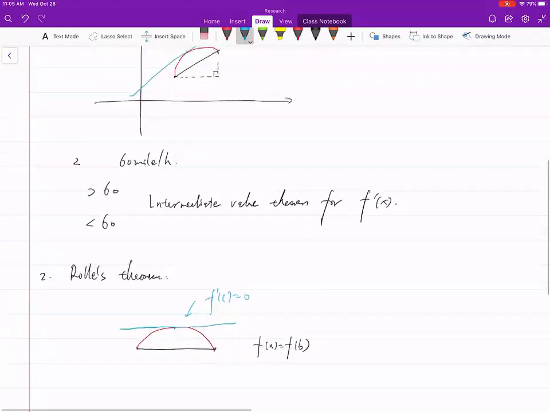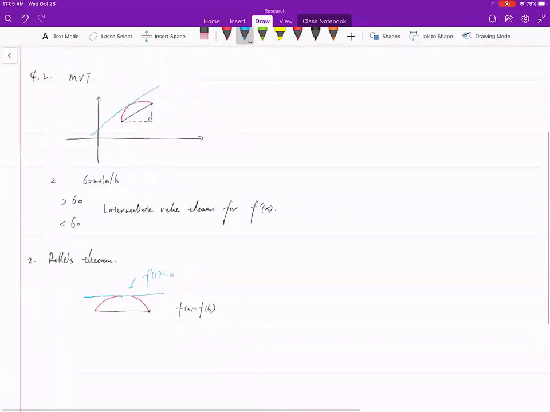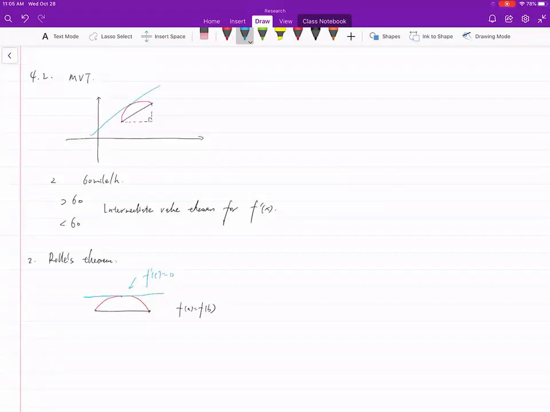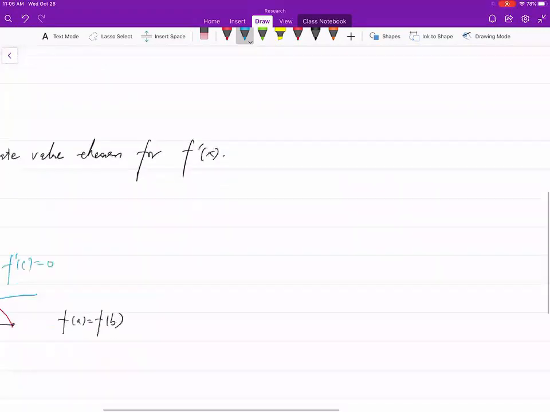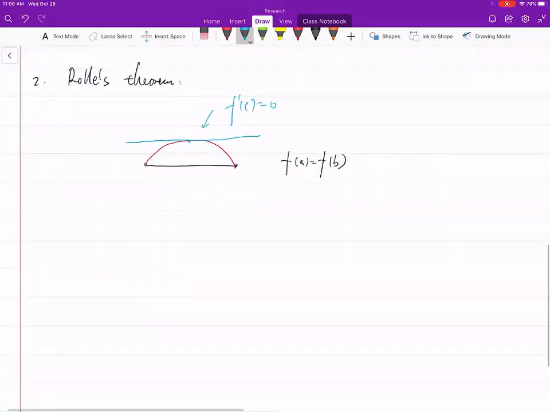Now, if you compare these two graphs, you can see they're talking about the same thing, except one is horizontal and one is just rotated by a little angle. So they're both true or they're both false. That's what Rolle's theorem says.